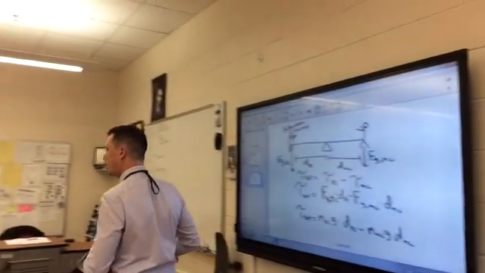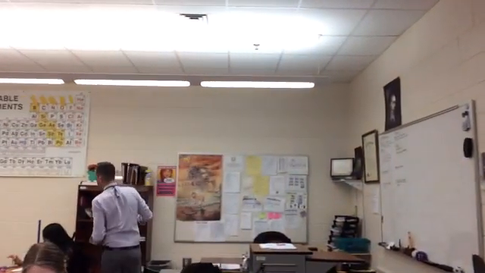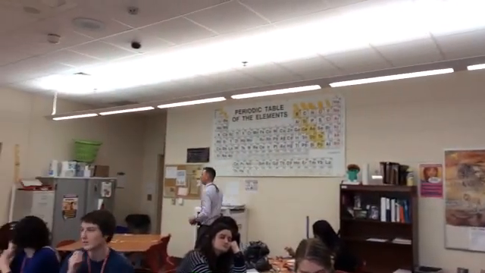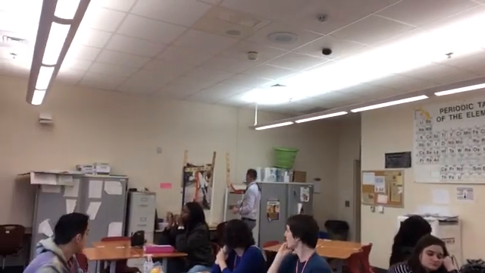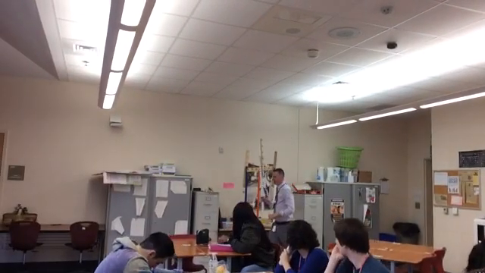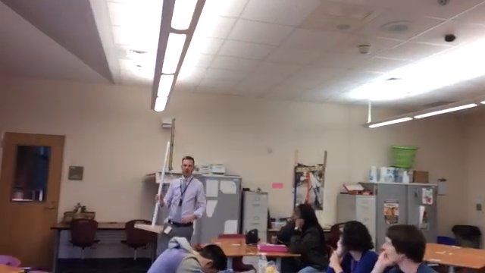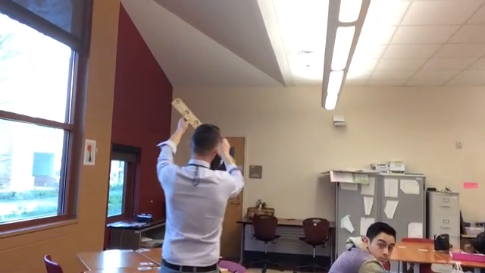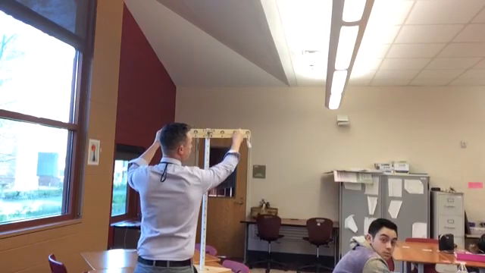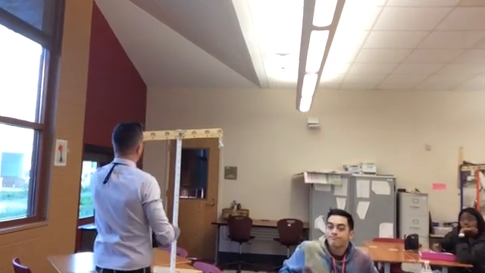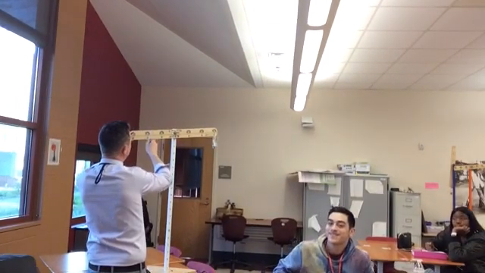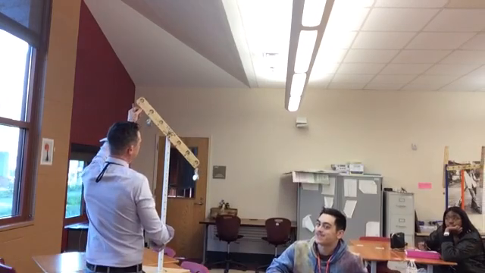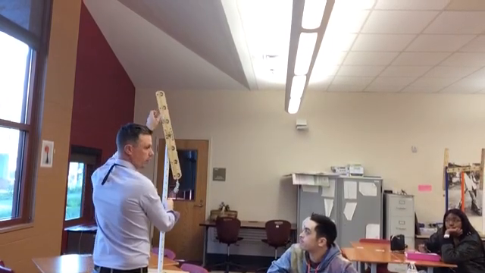But here's what I want you to do today. We're going to grab one of these guys, okay? And on each one of these, I've got 2 masses hanging. So if we think about this, this would be a net torque situation because we have more than one torque, right? If I put a mass here, you'll see that this torque causes more torque than that.